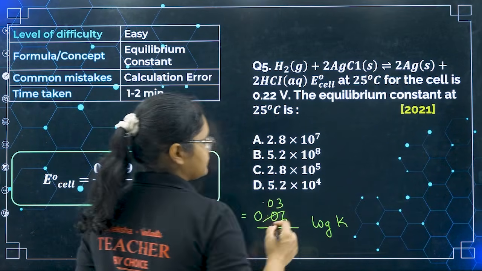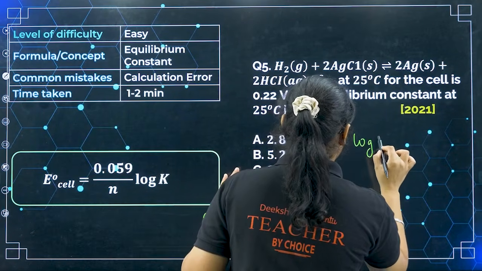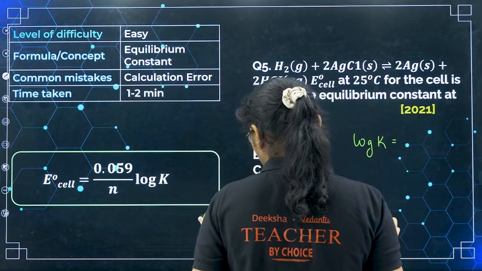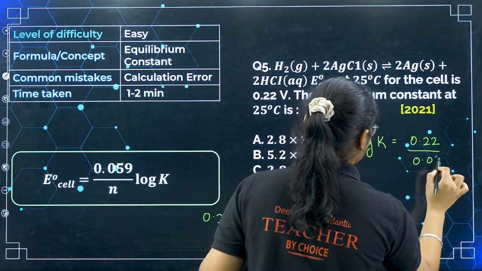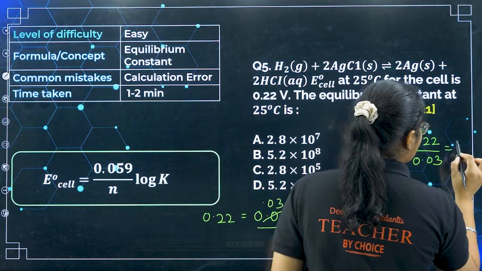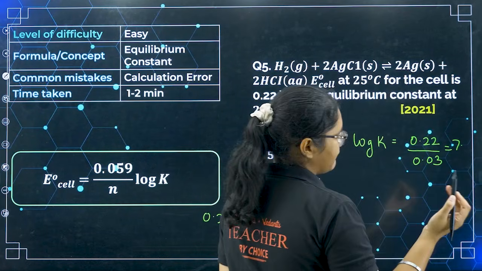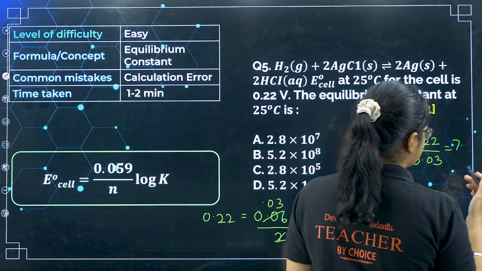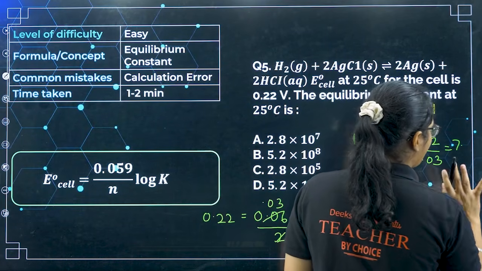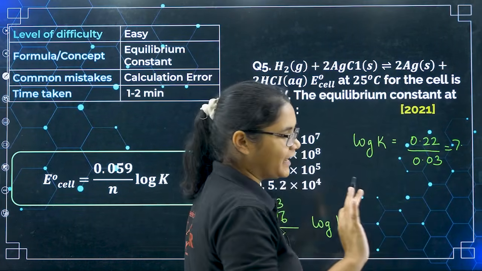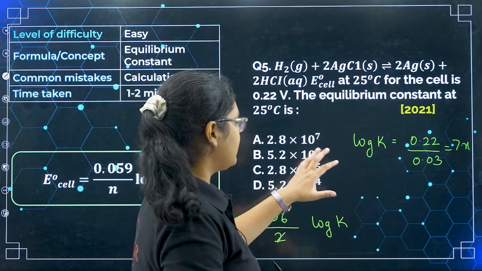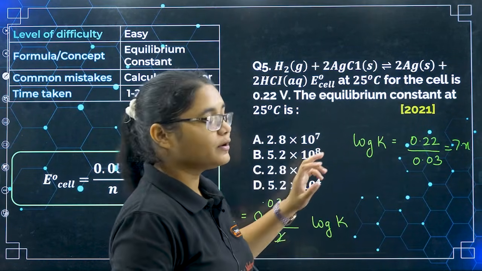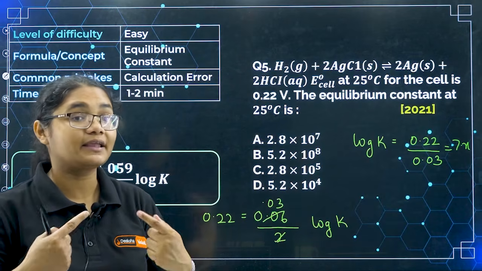So if I divide this one, I will have log of K equal to 0.22 divided by 0.03, and this will give me around 7 point something. Okay, 7 point, I think 3 7s is 21, right? 7 point something I will get. Okay, 7 point x, let me just write down like this. So how will I find out the option? I need to find this K value. Okay, you don't have to find log K value, you have to find the K value.